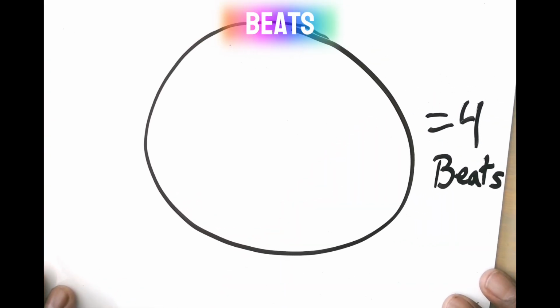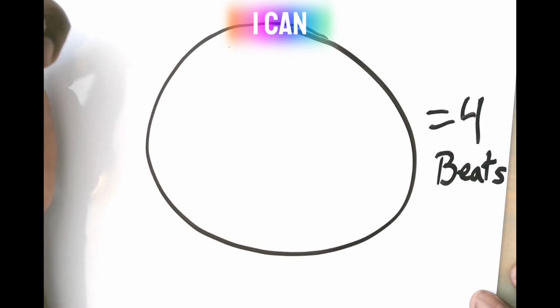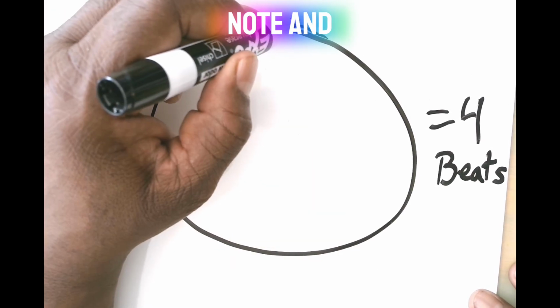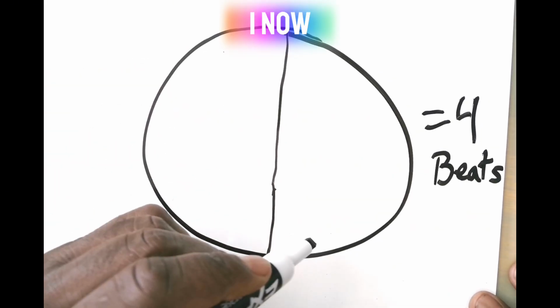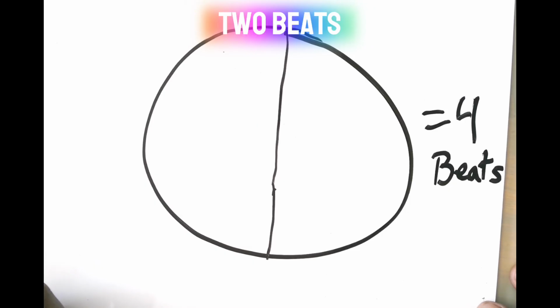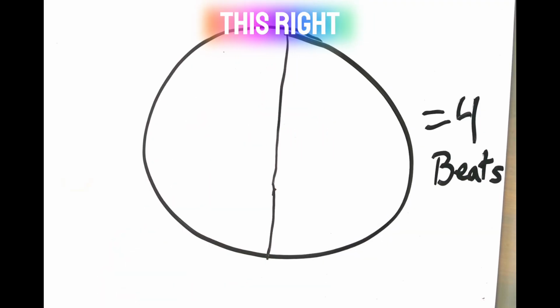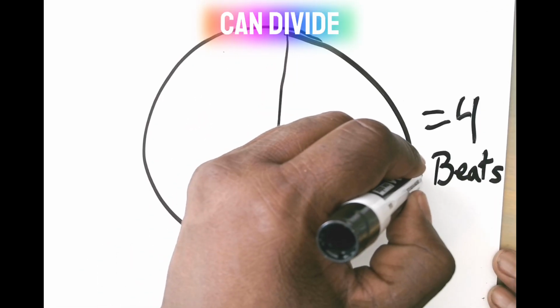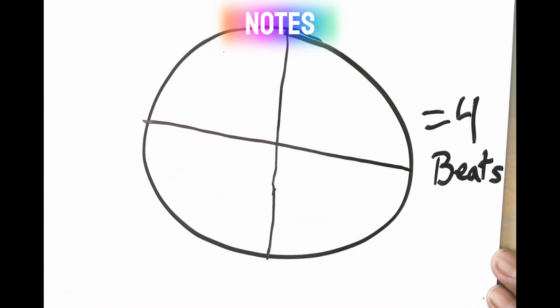Now, I can take that circle or that whole note and divide it in half. I now have 2 halves, each worth 2 beats. So a whole note would be the whole thing. Half note would be half of this. Then I can divide it into 4 pieces, and those would be our quarter notes.